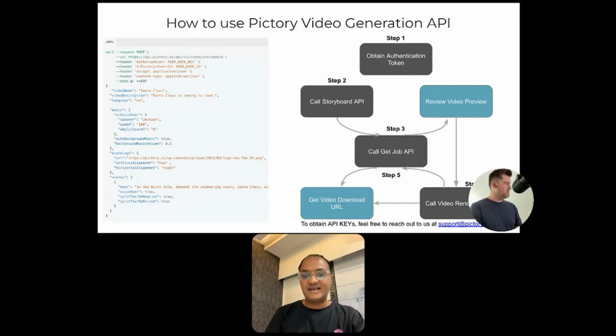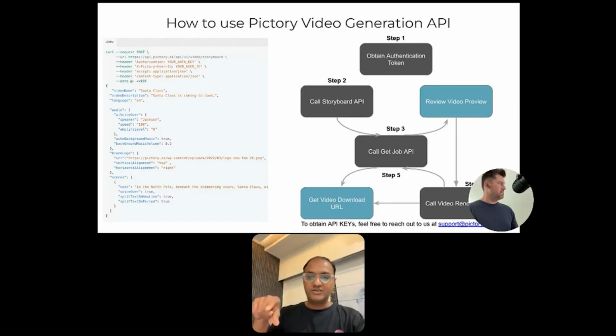So it doesn't directly give you the video, right? You need to call our get job API to get the status of your job, which has been called in the storyboard API. The get job API will return a success complete. When the status of the get job API is complete, it will give you a video preview URL, just like in the Pictory web app.